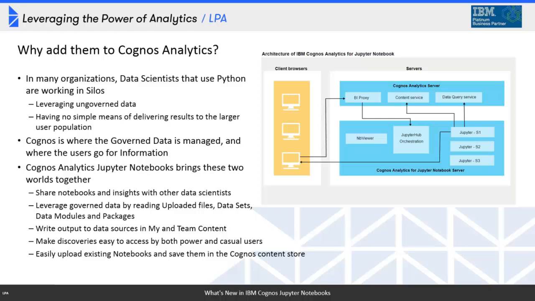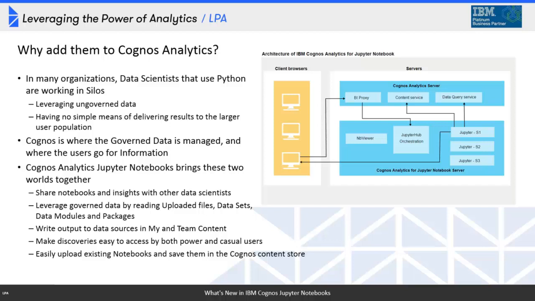And they have no simple way of delivering their results to the overall large population. However, Cognos is where we have our managed data, right? And that's where we have a majority of our users go for information, our curated information especially, is to log into Cognos Analytics and run reports and open dashboards and do explorations.